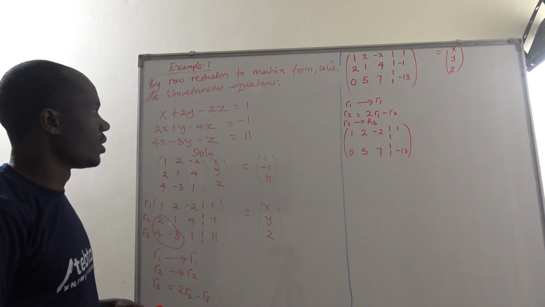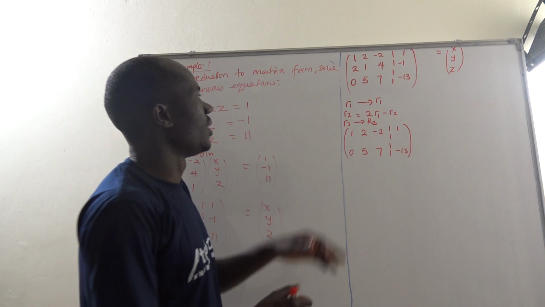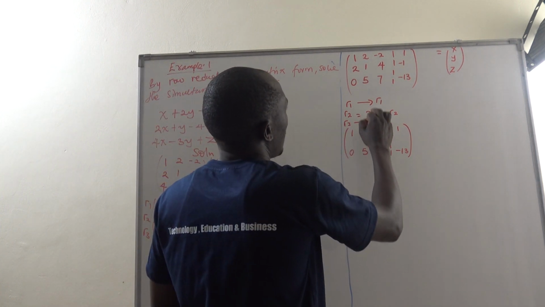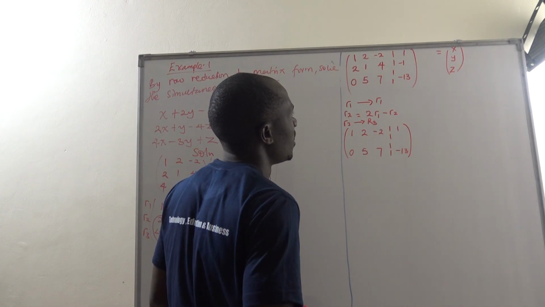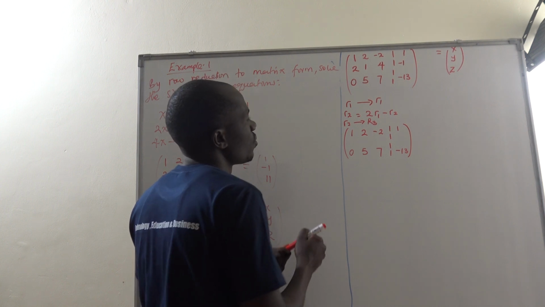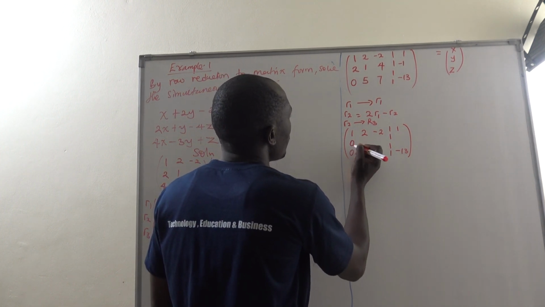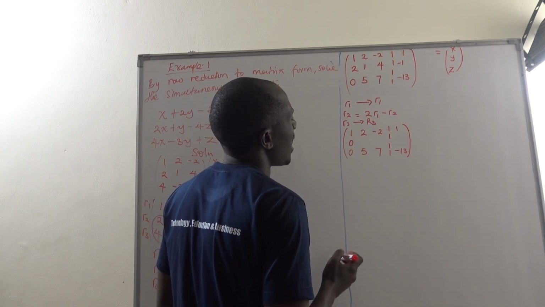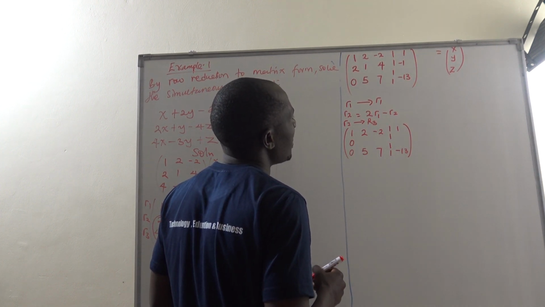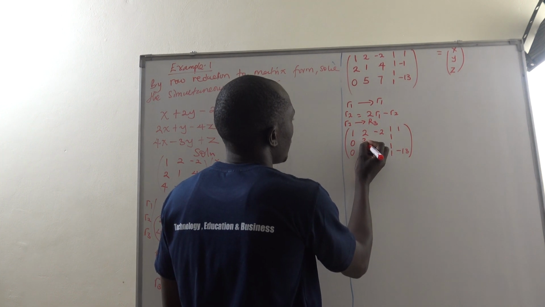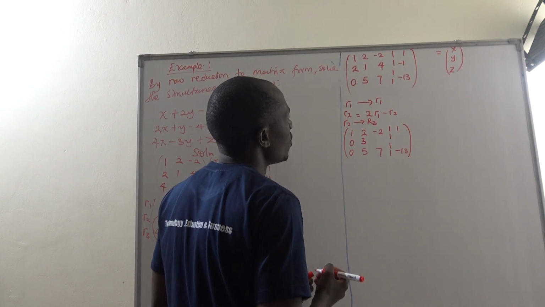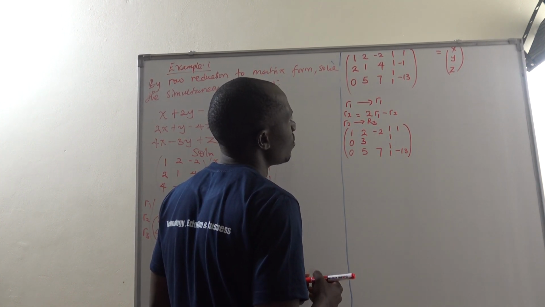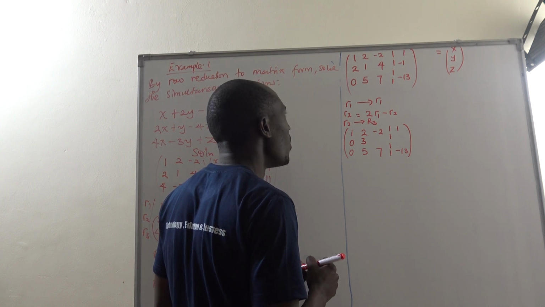So we want to deal with this one. We are going to say 2 times 1, it is already a 2, minus row 2, which is a 2, you get a 0. We also go to another one: 2 times a 2, I'm getting a 4, minus 1, I'm getting a 3. We also come to 2 times negative 2, I'm getting negative 4.